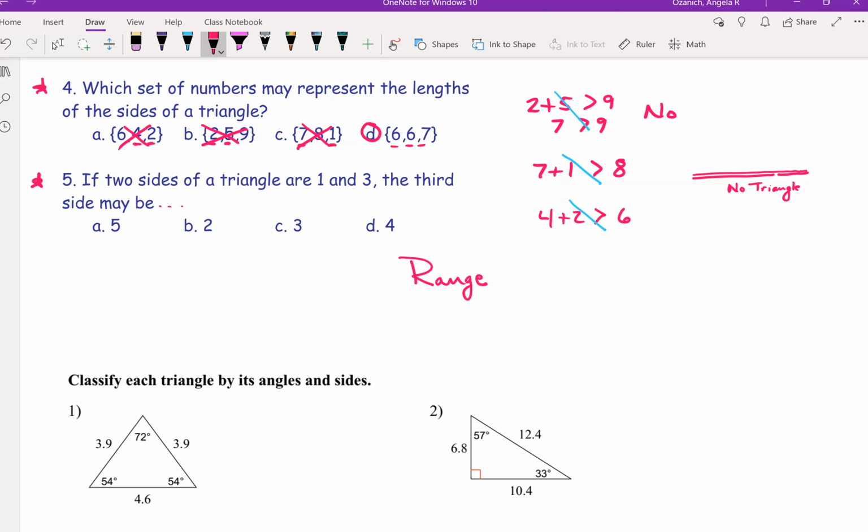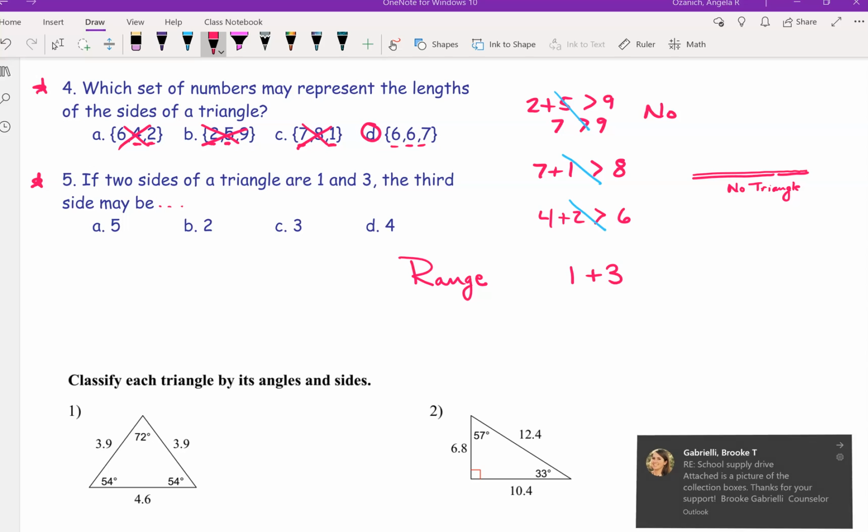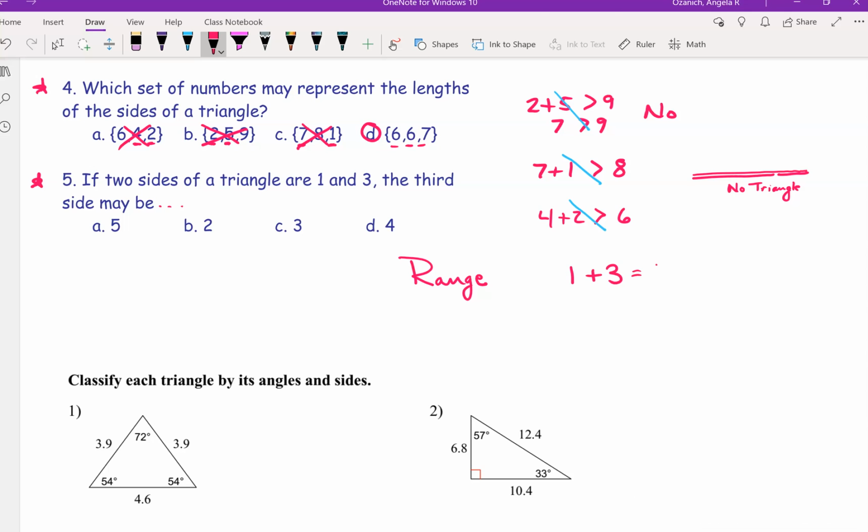You're going to have to look for numbers between adding 1 plus 3, which is 4, and subtracting 1 and 3, which is 2. So it can't actually be 4 and it can't actually be 2.